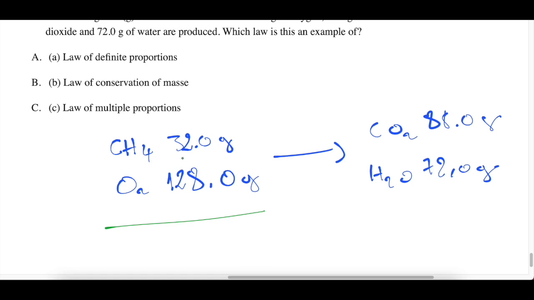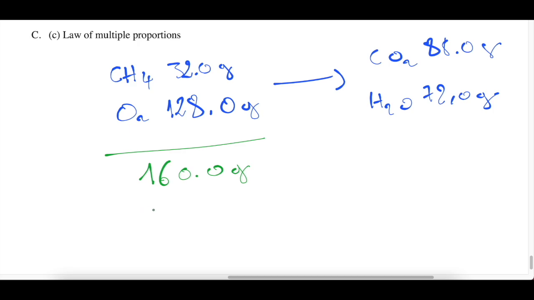So we will make the addition. 32 plus 128 gives 160.0 grams of beginning materials, as it is the total mass of reactants.